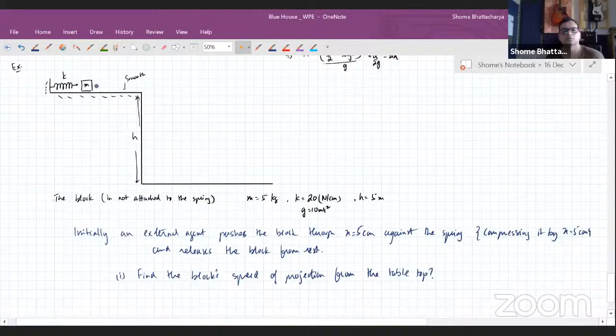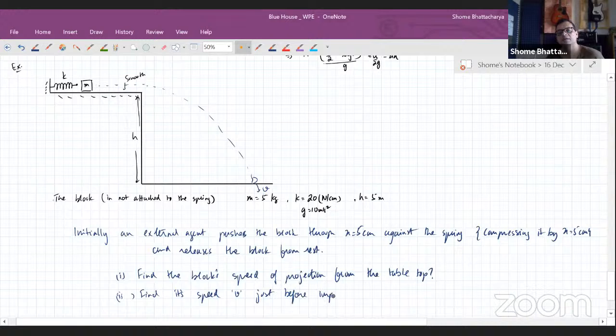Okay, so the block will get projected from here and then come and hit the ground somewhere here. So find its speed v just before impact at the floor below.